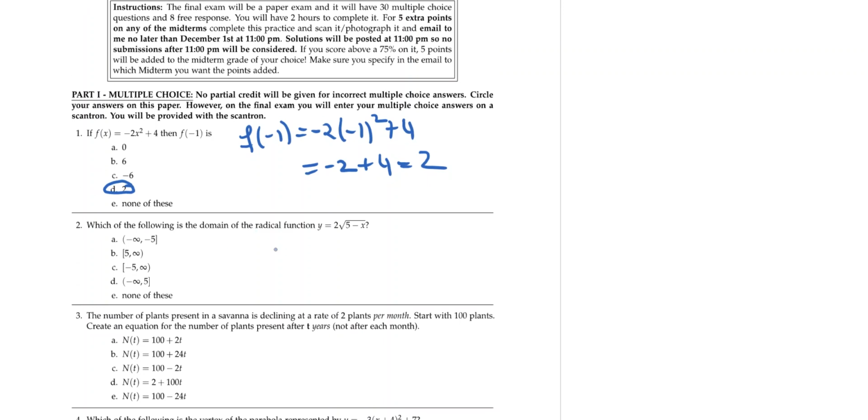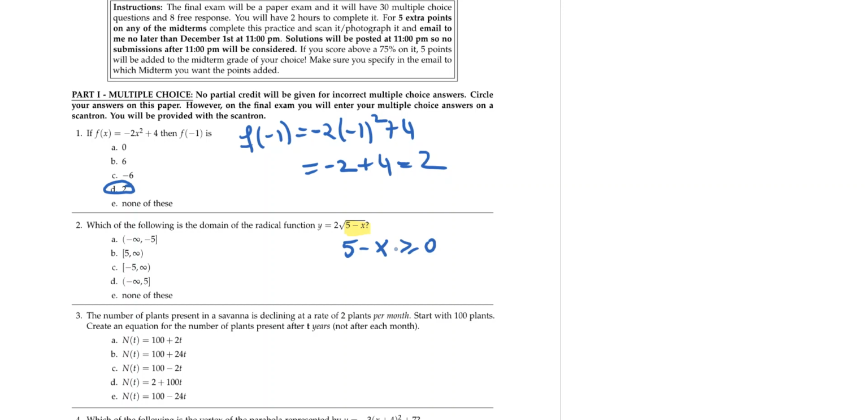Number 2, you ask for the domain of this radical function. So you have to remember that the domain of a radical function is given by all the possible x's. Since 5 minus x is underneath the radical, we must have that the quantity 5 minus x is greater than or equal to 0.